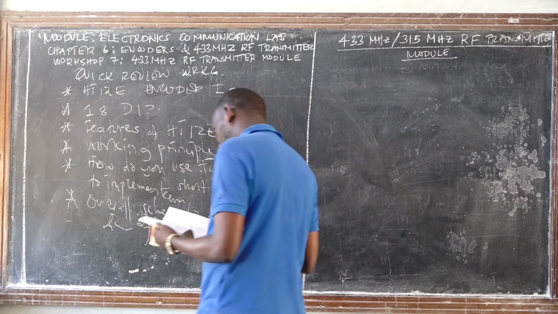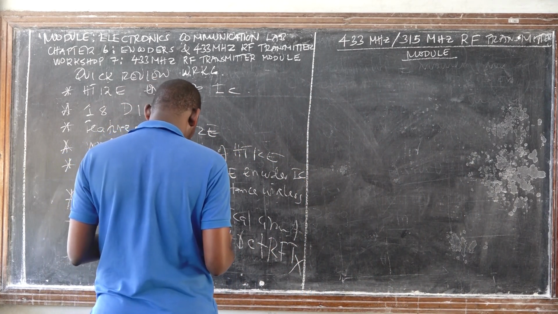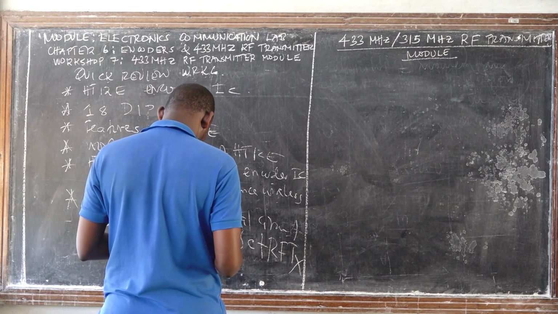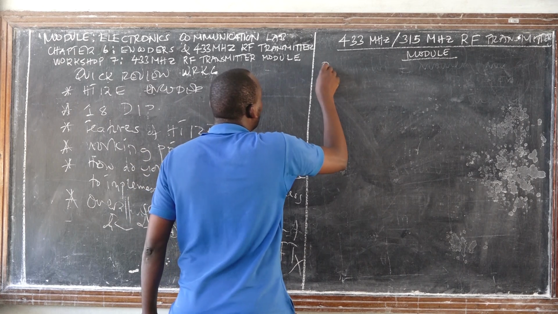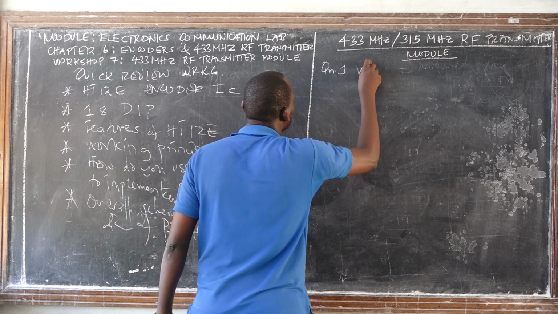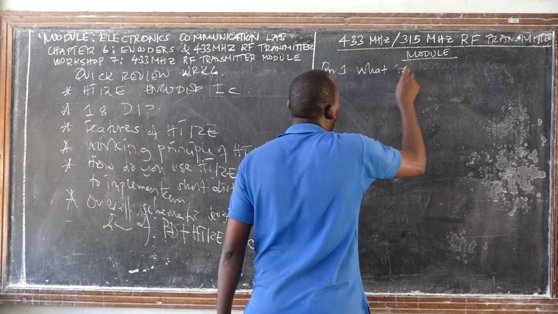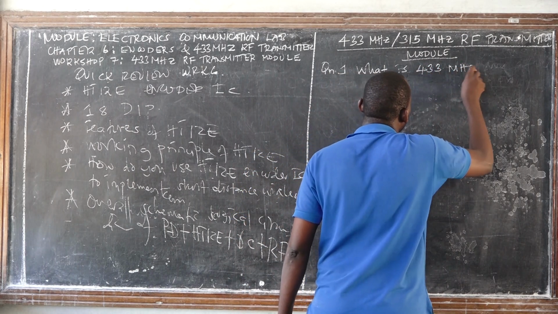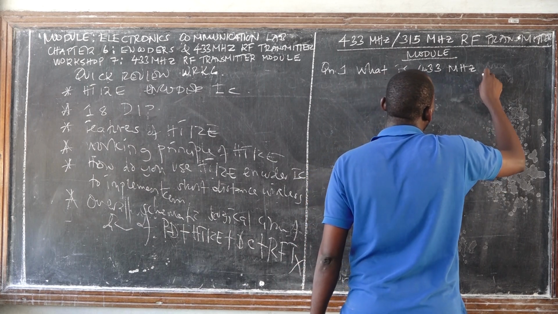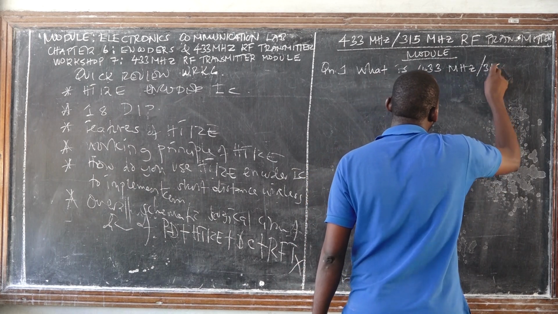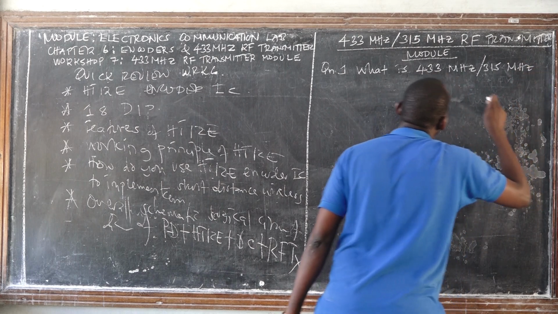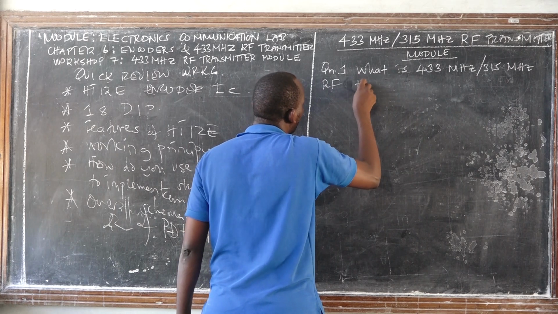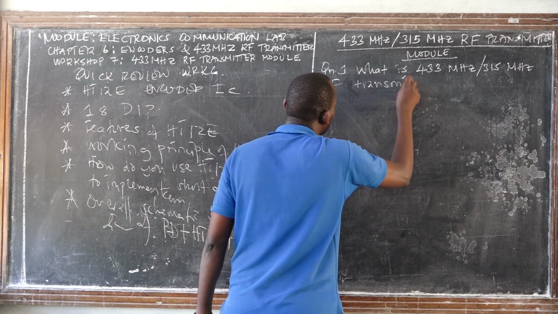Let us start this concept by first learning what it is and how it works. So we have this question: what is the 433 megahertz or 315 megahertz RF transmitter module?